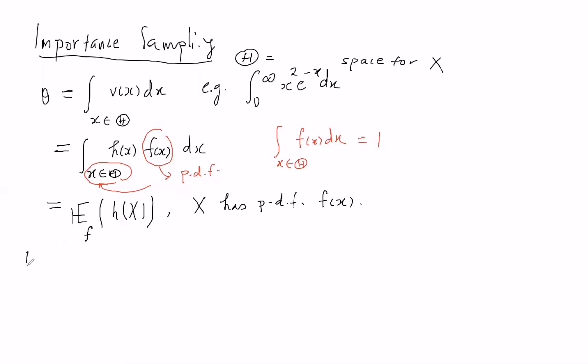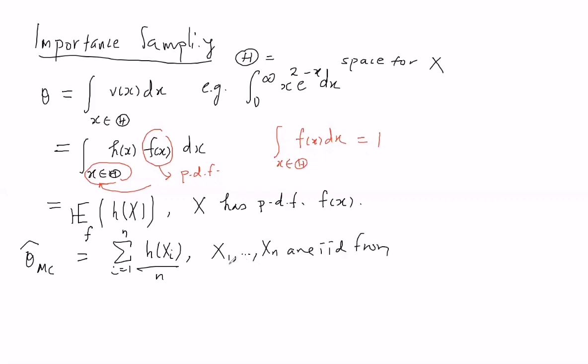So this is the standard approach. Then your Monte Carlo estimator for theta would be the summation of h(xi) over n, where x1 until xn are IID from f(x). That's the usual situation.